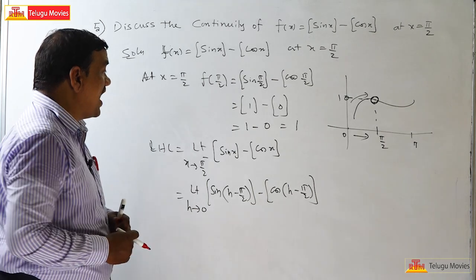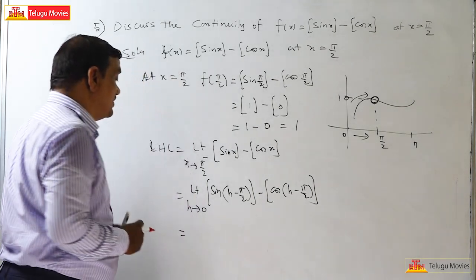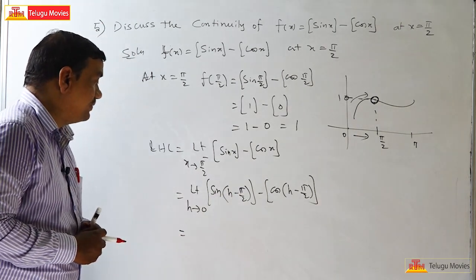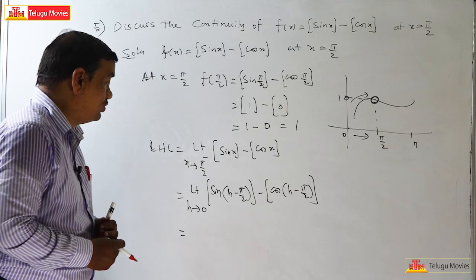Now what is the value of this? See here, as h approaches 0, sin of (pi by 2 minus h) approaches 1 from the left side, so the value is 0.9 and so on. Step of 0.9 is equal to 0.